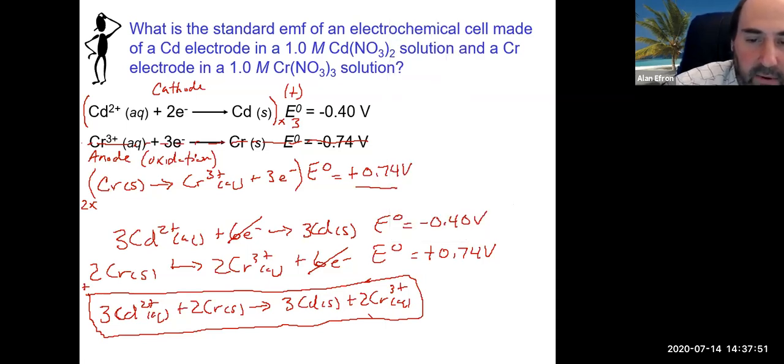All right. We were also asked here to figure out E of the cell, which is really what the question is. So now I'm going to demonstrate the two differences that I was talking about a second ago. If you were just asked, like you were in this particular problem, truly, to calculate E of the cell, you could do E of the cell is equal to E of the cathode minus E of the anode.